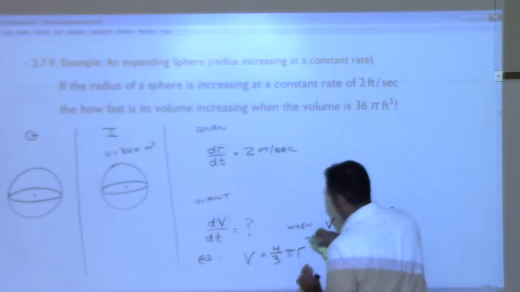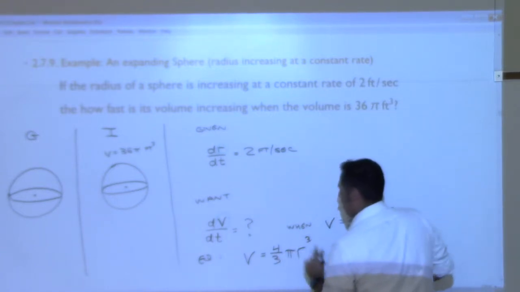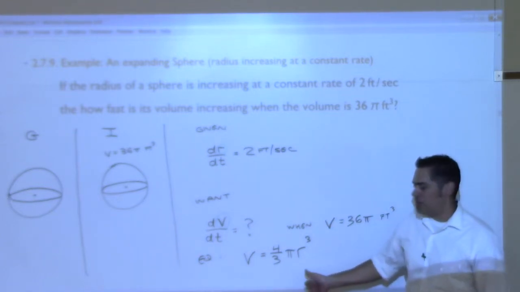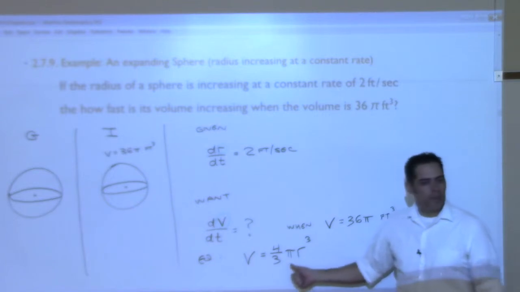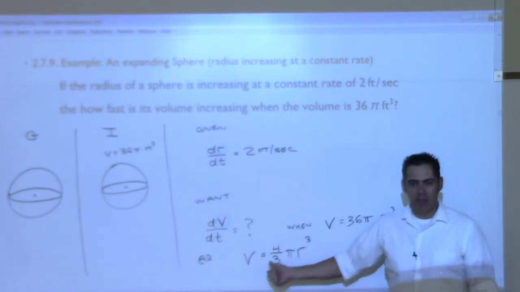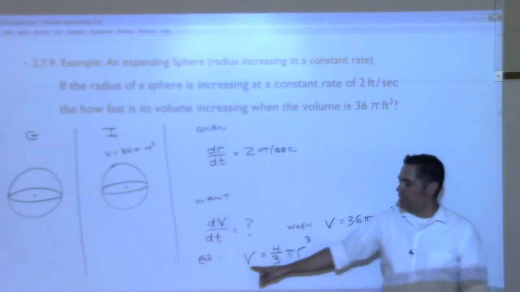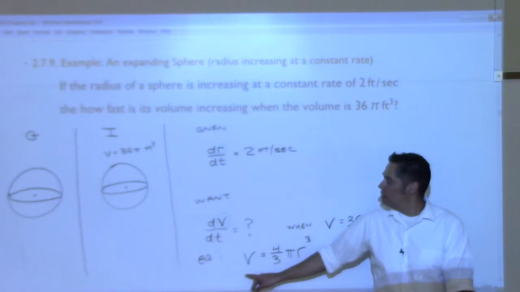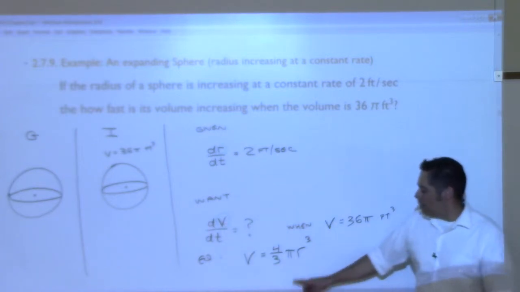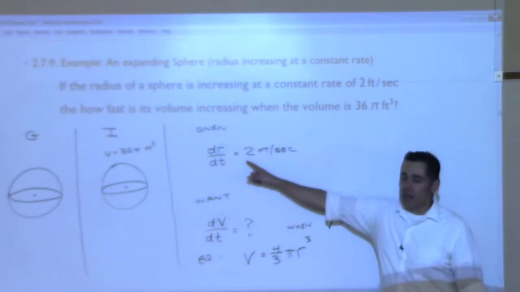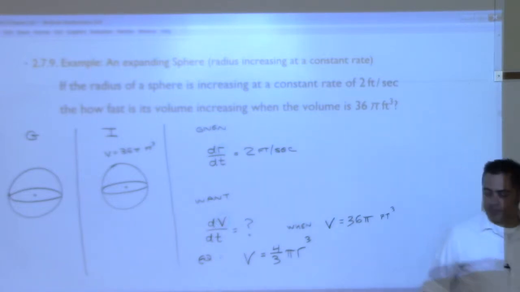Okay, this is a formula on your formula sheet. It has a picture of a sphere there, doesn't it? And it tells you that the volume of that sphere is 4/3 pi r cubed. There's our equation. What's great about this equation, it has V in it, so when I differentiate with respect to time, I'm going to get a dV/dt, which is what I'm looking for. And I also have an r in here, which means I'm going to get a dr/dt, and that's something I'm given, right?